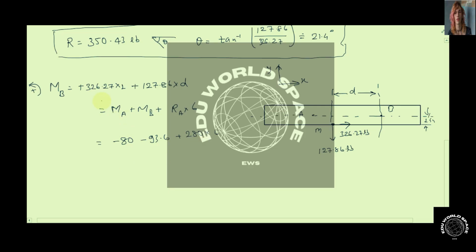If we equate the two expressions, only one variable is there, that is D. So D will be minus 80 minus 93.6 plus 280 multiplied by 6 minus 326.27, whole divided by 127.86.